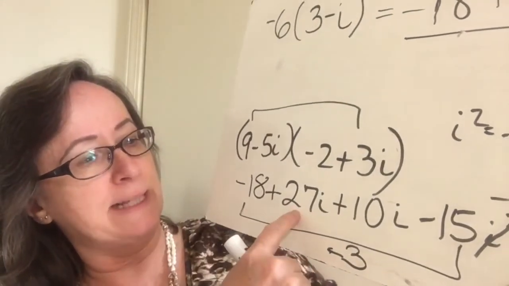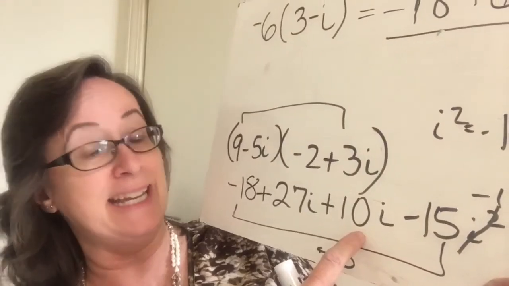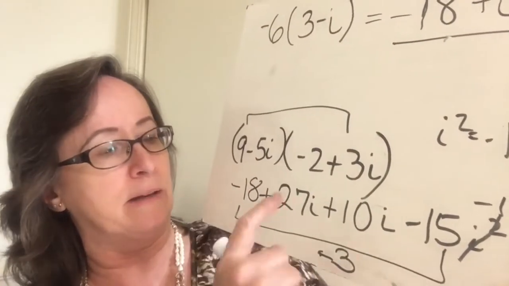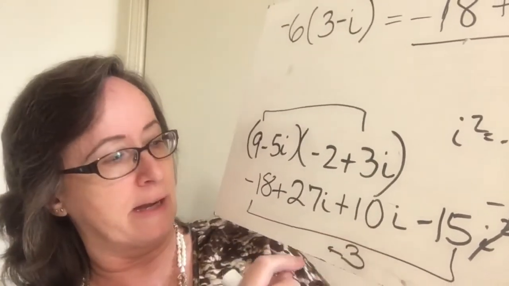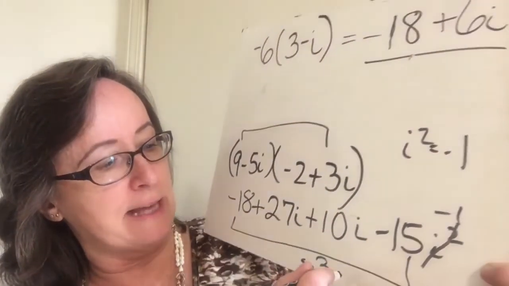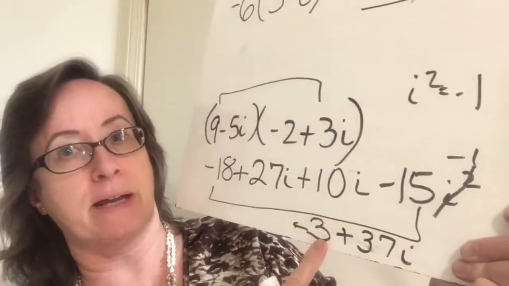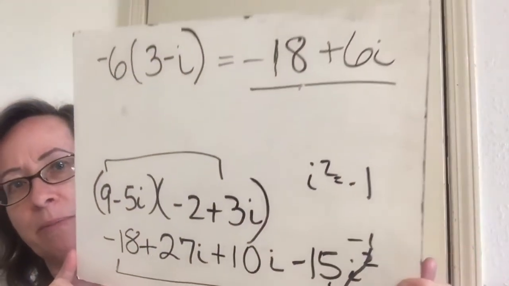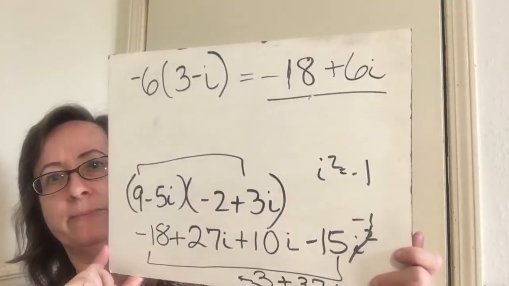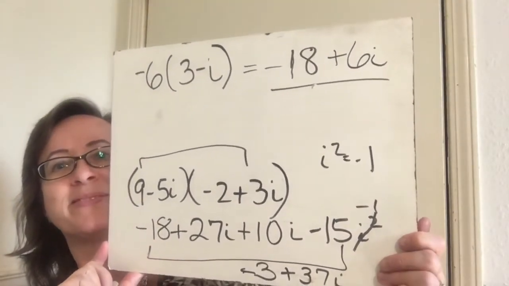And then I'm going to take the 27i and add it to the 10i, always real with real and imaginary with imaginary. And I'm going to get a 37i. So I wind up getting -3 plus 37i when I work that problem. So let me get the whole board on there. That was two different problems.